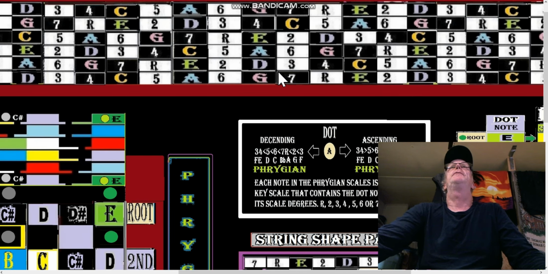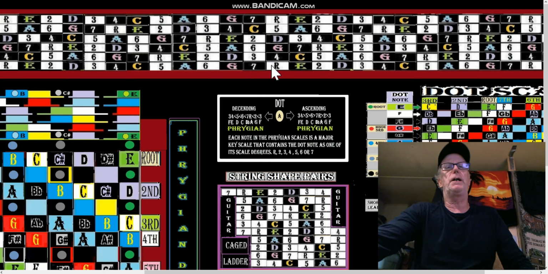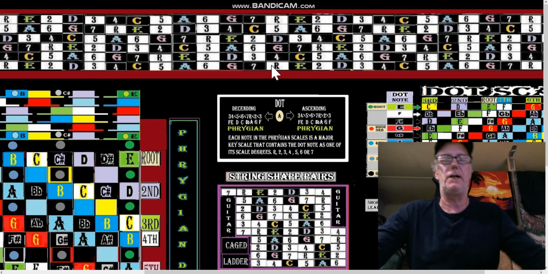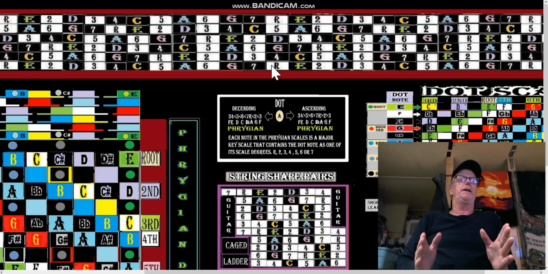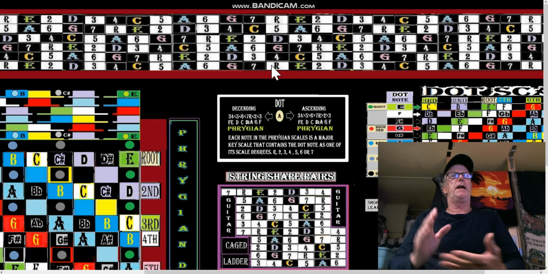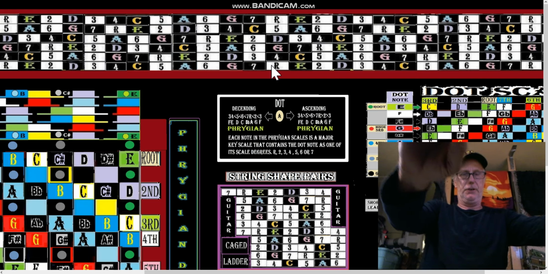Okay, so if we wanted to count a major scale, and in this case we're not going to play the scale that we're looking at right now, we're going to define what's called a dot scale. That is a scale on which that A can be a number of different scale members.